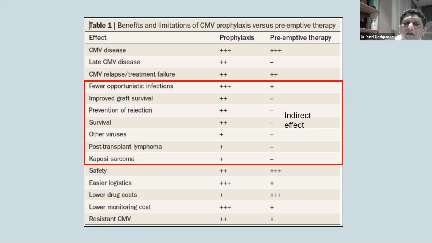The benefits with prophylaxis are that fewer opportunistic infections, better graft survival, etc. have been documented. But the risk of late CMV disease is there, and drug costs definitely go up, and side effects of valganciclovir in the form of bone marrow suppression are something that we all have to deal with, particularly because MMF is standard of care now, right?